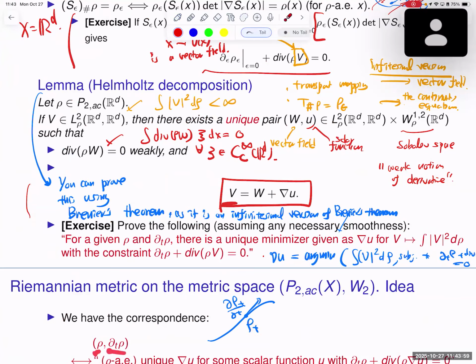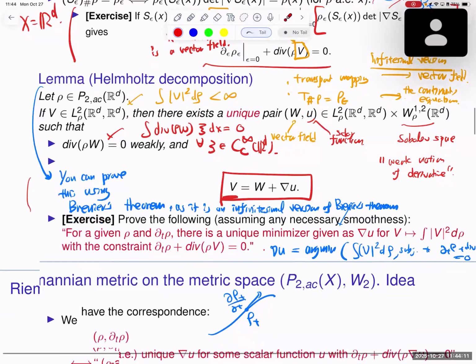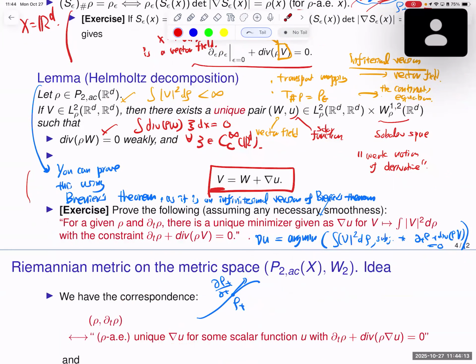So rho and this partial t rho correspond to the velocity of the probability measure. We had this unique gradient vector field, gradient u, satisfying this continuity equation corresponding to this. That is the important summary of the previous two pages.